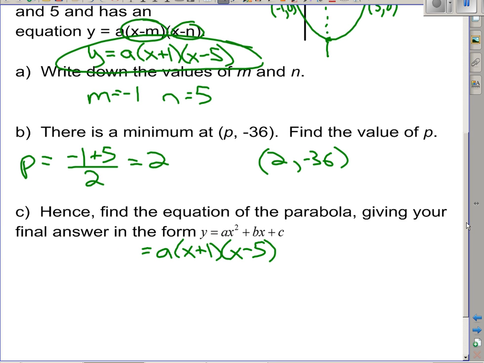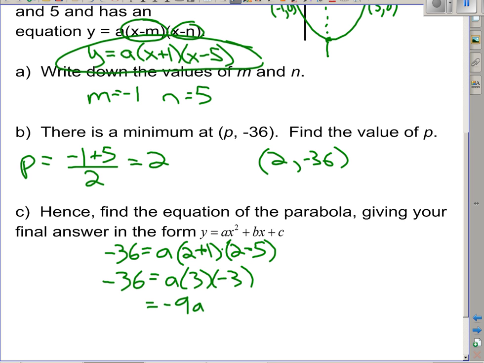So for y, I can put in negative 36. For x, I can put in 2. And that's going to give me -36 equals a times 3 times -3, or -9a equals -36, which in turn says that a equals 4.